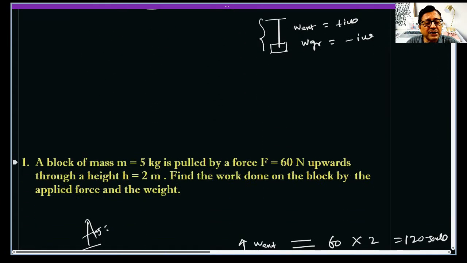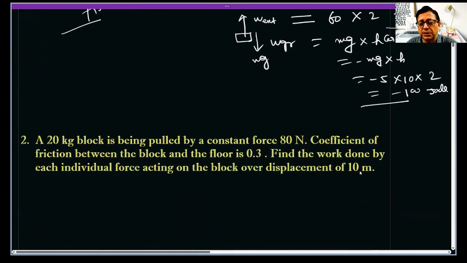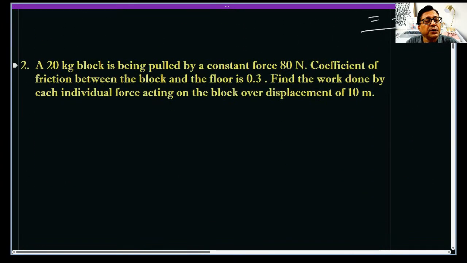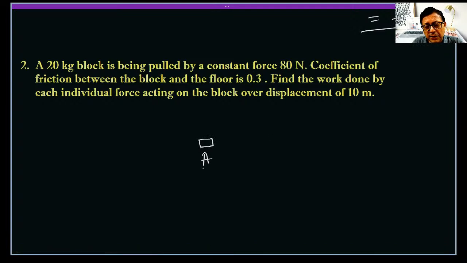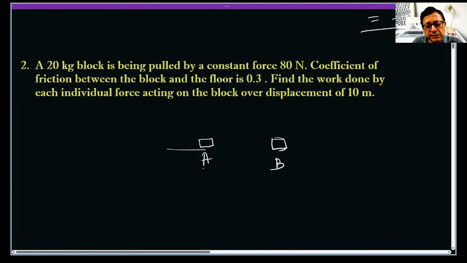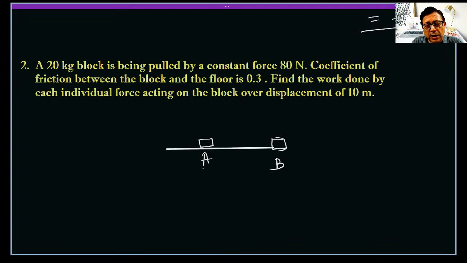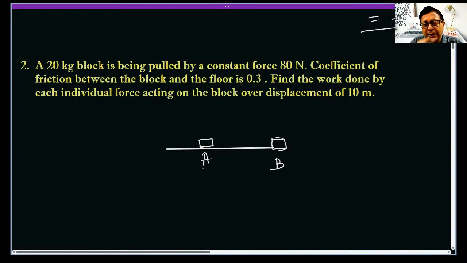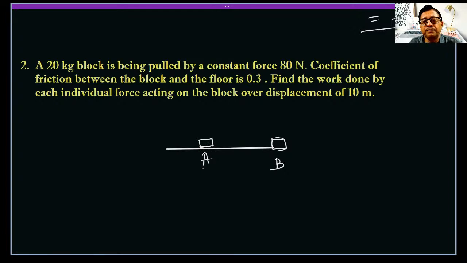Okay, let us think about the next problem. A 20 kg block is being pulled by a constant force of 80 Newton. The coefficient of friction between the block and the floor is given. The body is taken from the point A to the point B. Find the work done by each individual force.